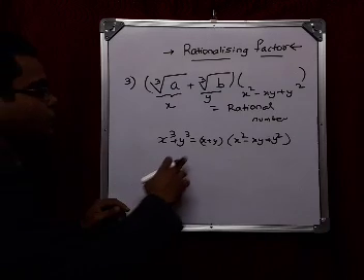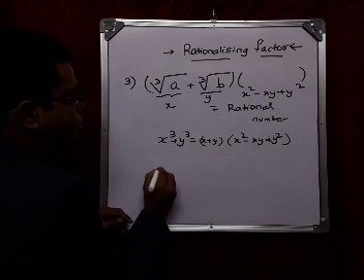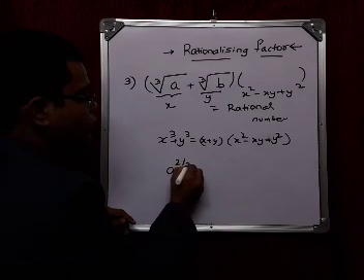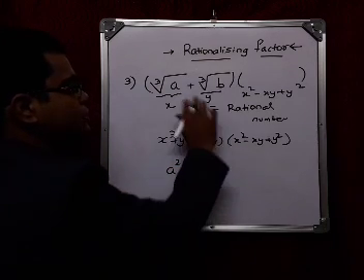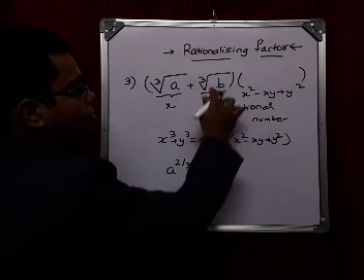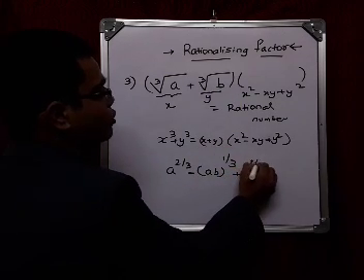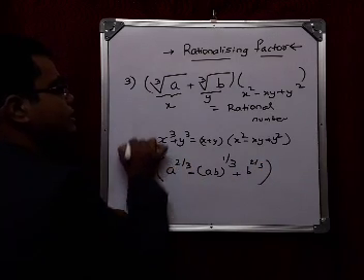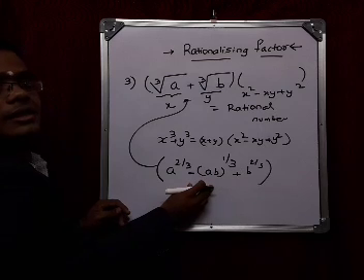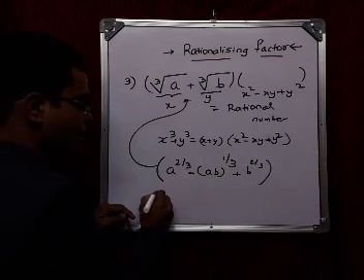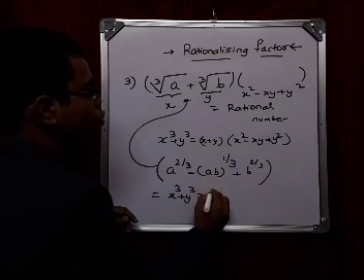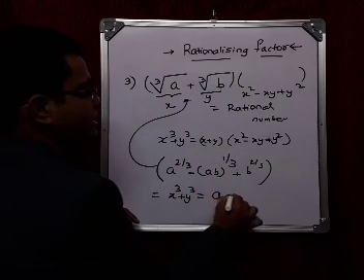Correct? So now x square is going to be cube root a whole square, so it's a power 2 by 3, minus xy, cube root a into cube root b, that is ab power 1 by 3, plus y square, that is b power 2 by 3. So if you multiply cube root a plus cube root b into a power 2 by 3 minus ab power 1 by 3 plus b power 2 by 3, you are going to get x cube plus y cube, where x cube is nothing but cube root a whole cube, that is a, plus b.